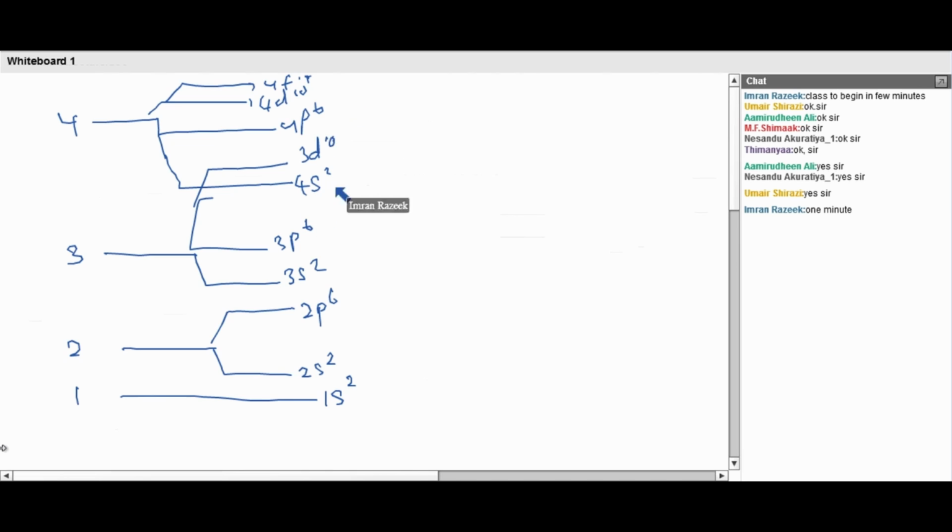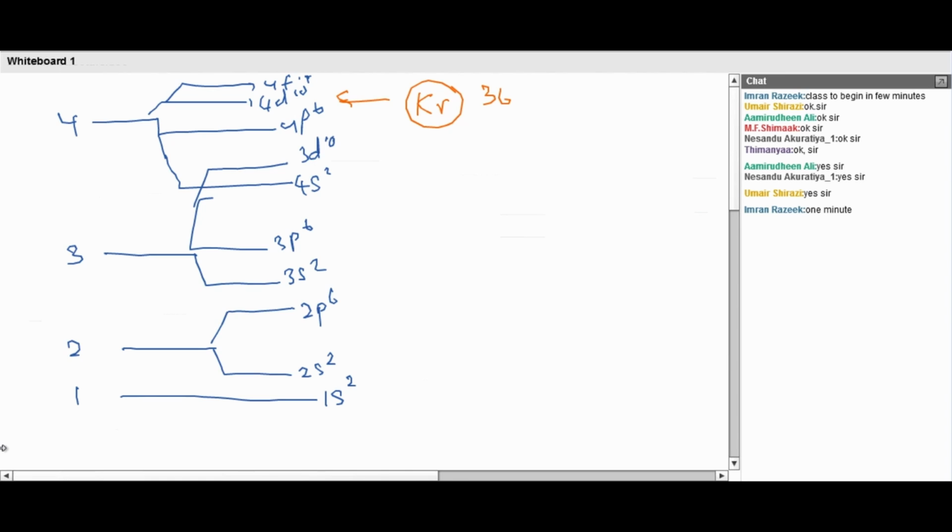This type of orbital overlapping occurs beyond 3d as well, but as I mentioned last week, we only get to write the electronic configuration up to krypton. Krypton, atomic number 36, stops at 4p6. If you count the number of electrons starting from the very first 1s2 up to 4p6, the atomic number will be 36, right? So up to atomic number 36, you get to write electronic configuration.